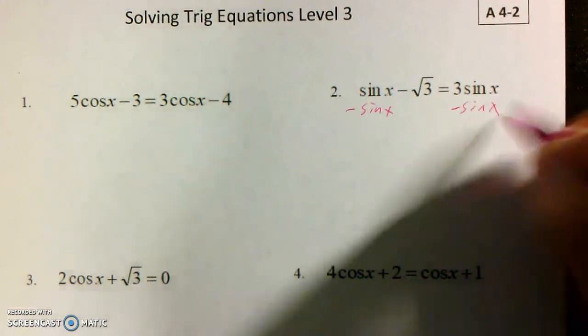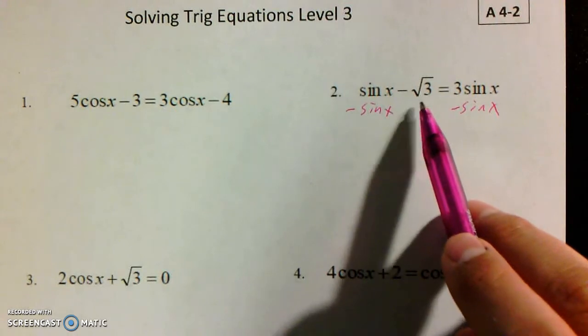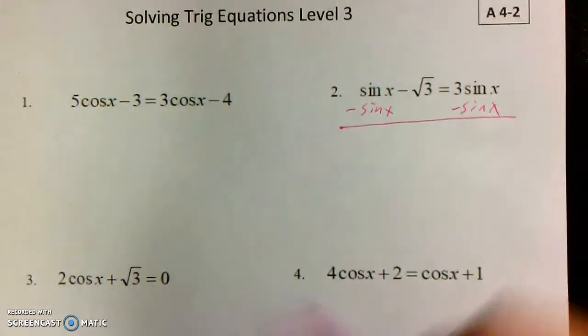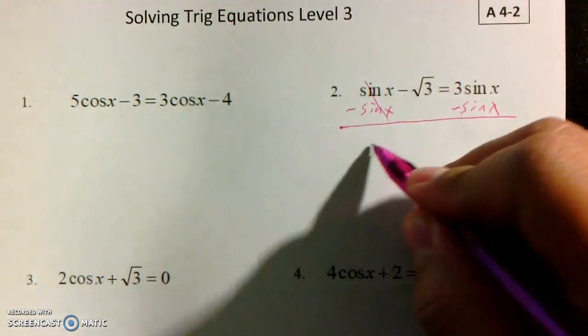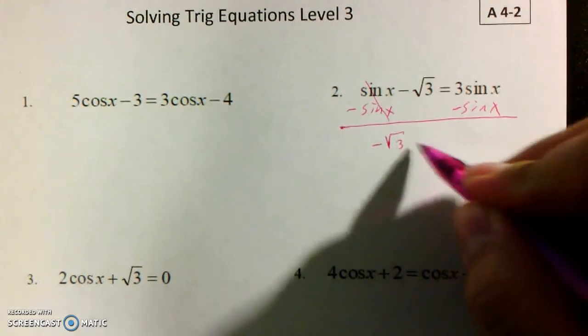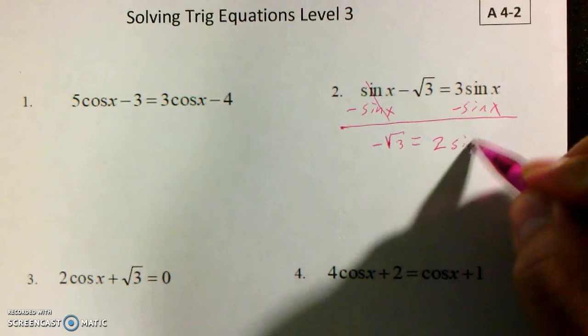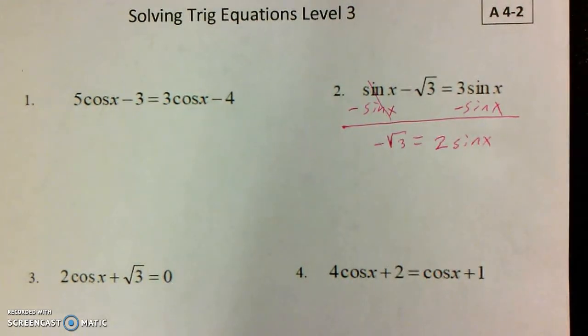And again, the only reason I'm doing that is because it's also saving me a step getting sine by itself, because this number will be on the other side. And so that will just be negative square root of 3 equals 2 sine x.